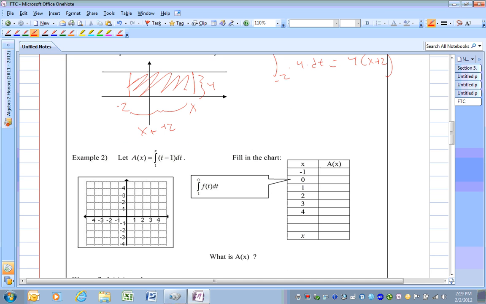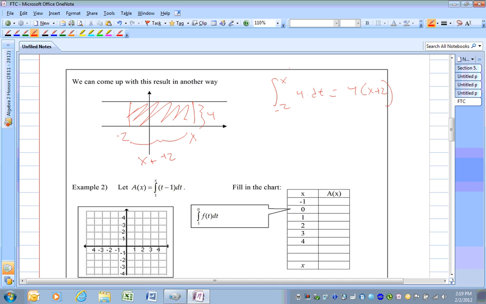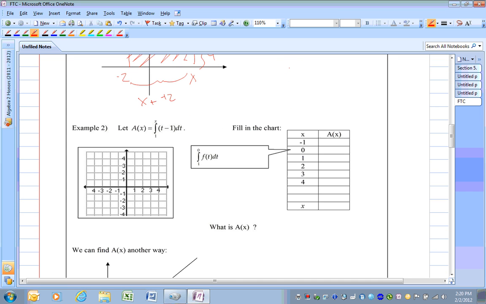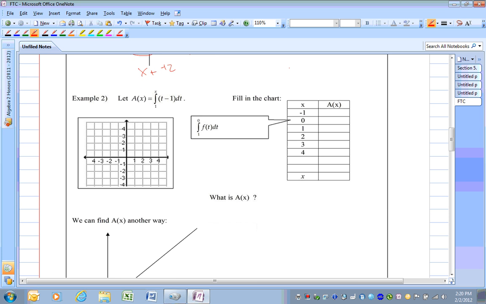All right. So let's try another one. With A of x equal to the integral from 1 to x of t minus 1 times dt. Okay, how's t minus 1 going to look?